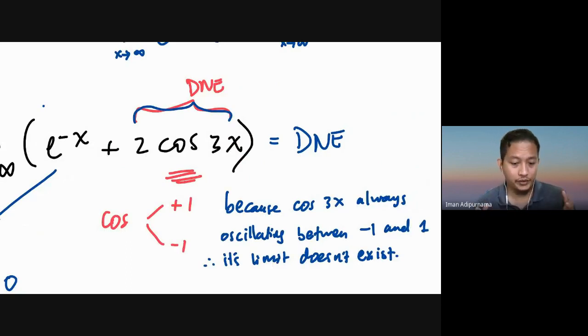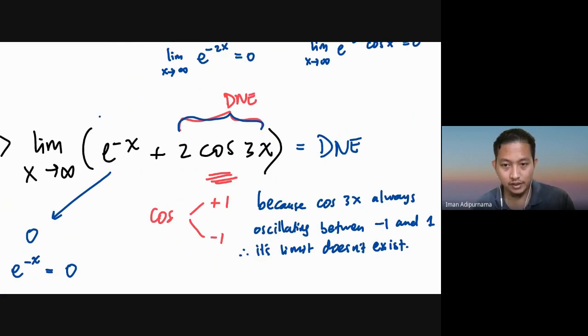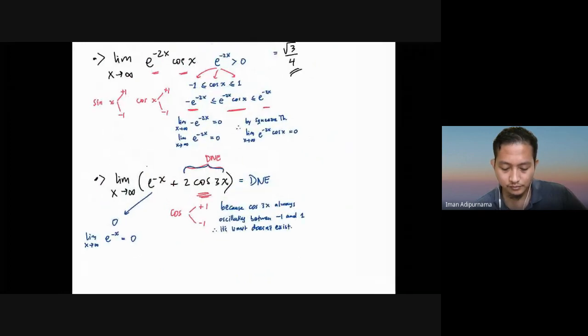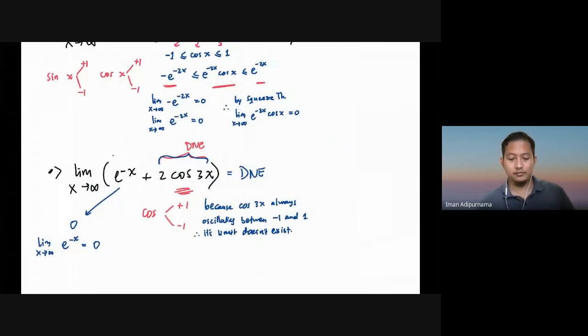So whenever you find any limit, and you know that part of it does not exist, then the whole limit does not exist. So I hope you get the idea here. Any questions up until here?